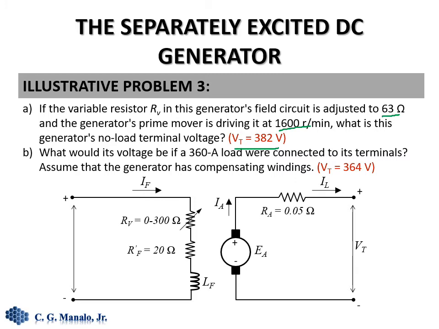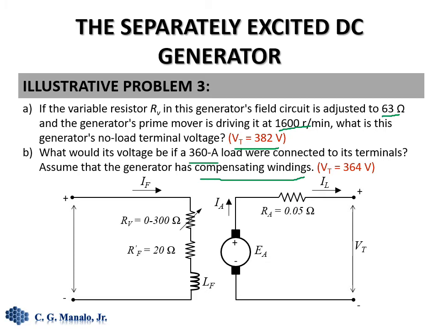Now in B, what would be its terminal voltage if there is a 360 ampere load? Assume that the generator has compensating windings. Compensating windings are part of the armature circuit, and are a technique to overcome the effects of armature reaction.